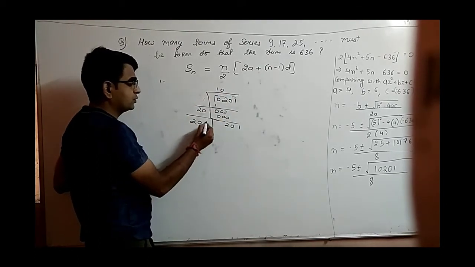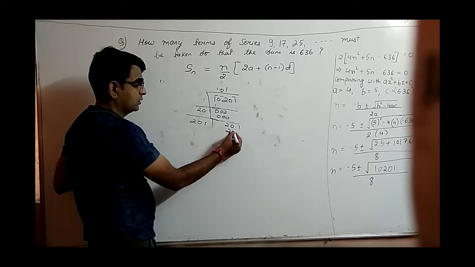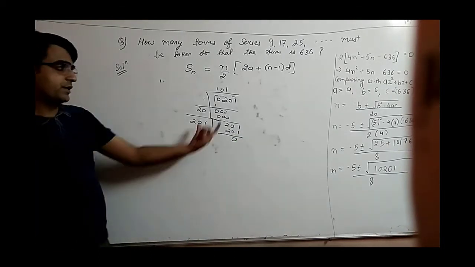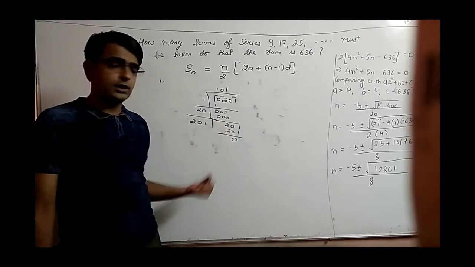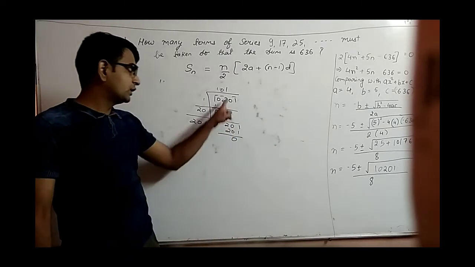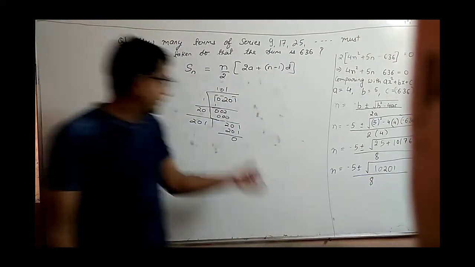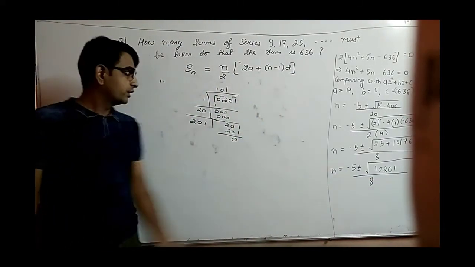Twice of 10 is 2, 1. This you have studied in 8th class, how to find the square root using long division method. So the square root of 10201 is 101.